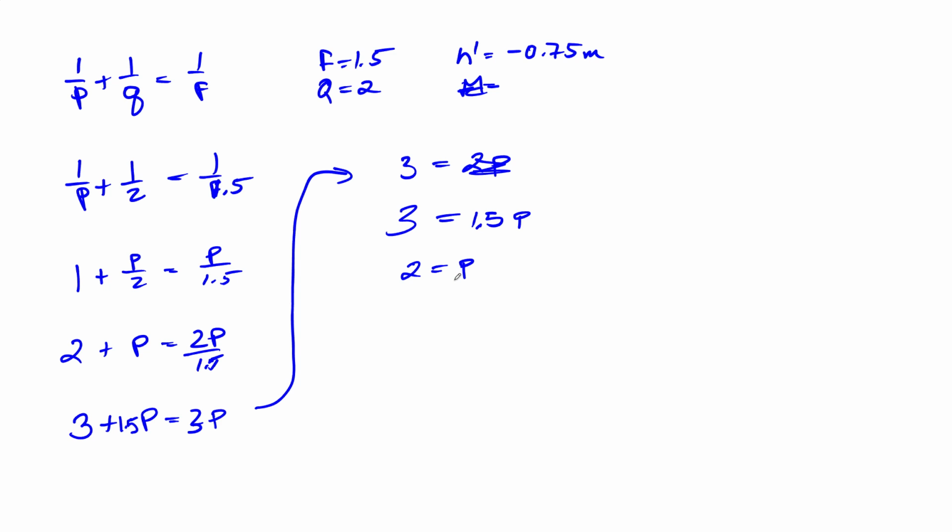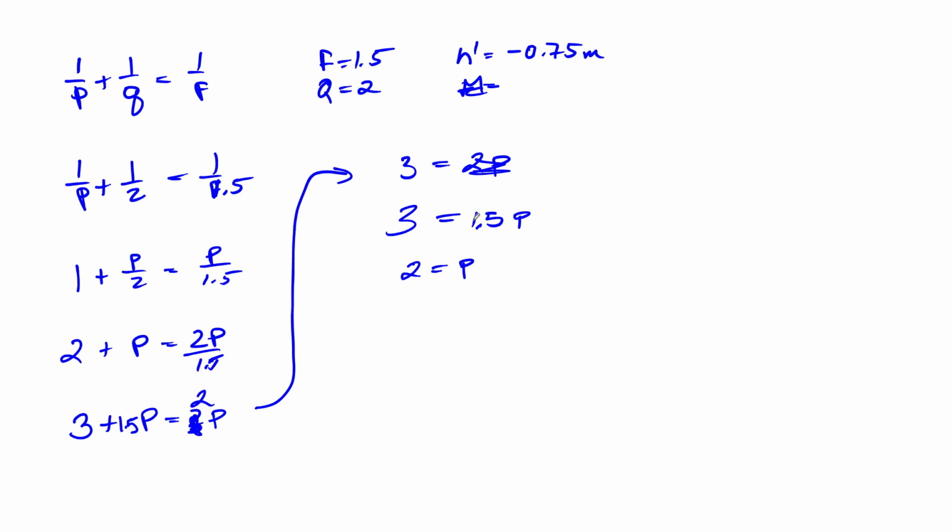So where did I mess up? Multiply both sides by 2, so that's 2 plus P. Multiply everything by P. P times 1 over P is 1, plus P over 2 is equal to P over 1.5. Multiply everything by 2. 1 times 2 is 2. 2 times 1/2 is 1. So that'd be 2P over 1.5. All right, multiply everything by 1.5. This is 2.